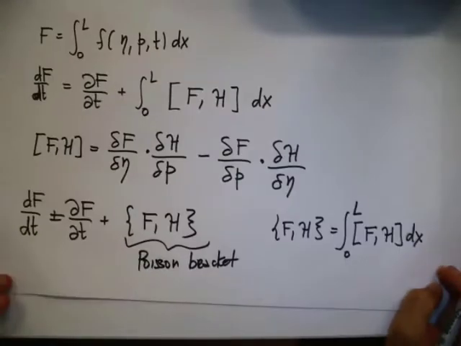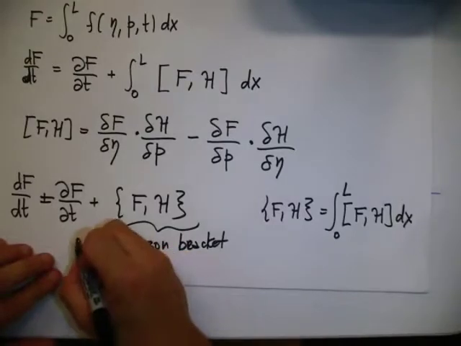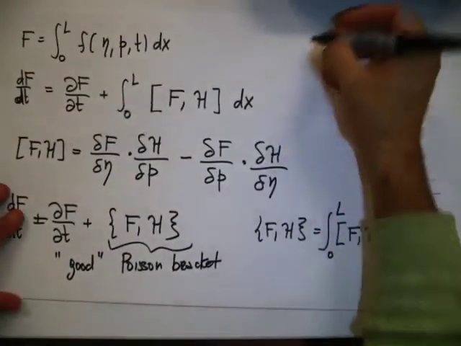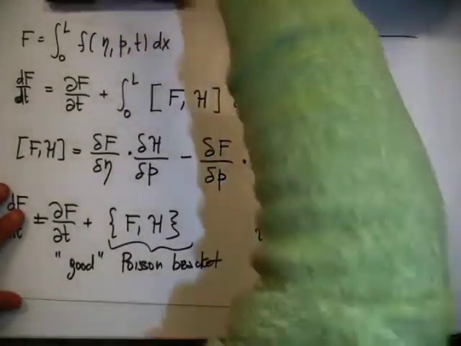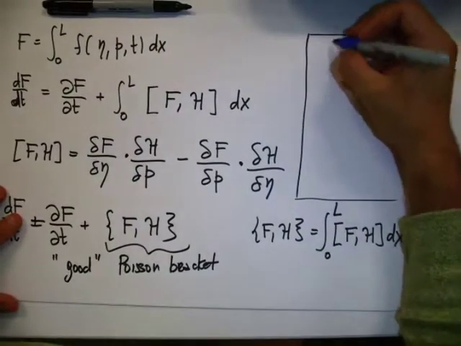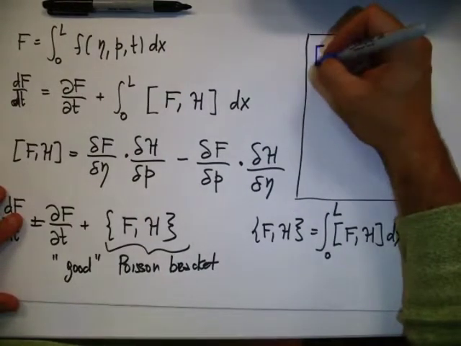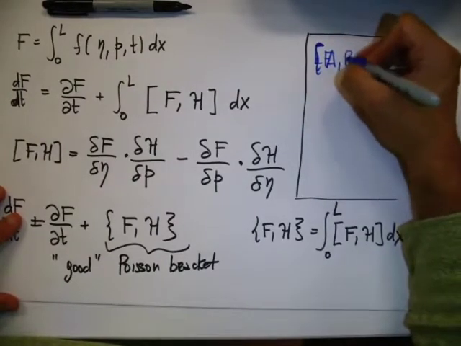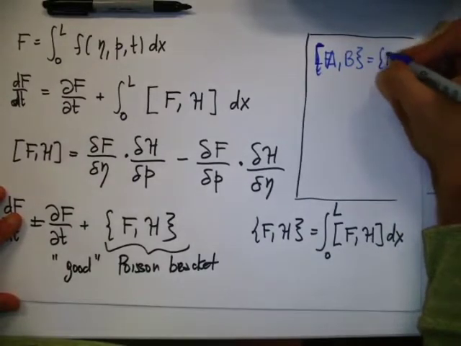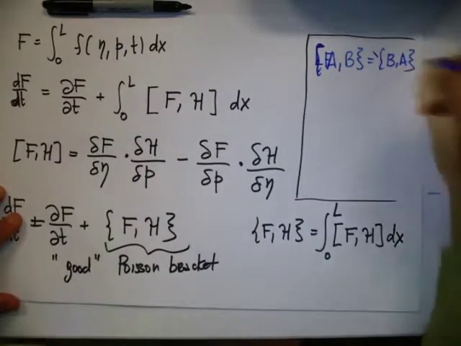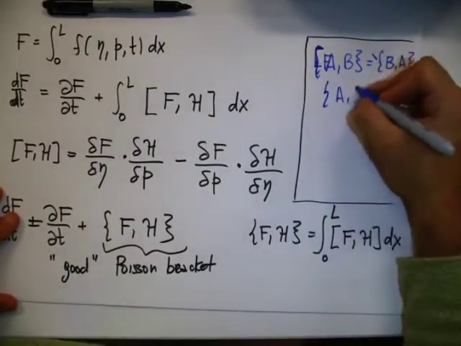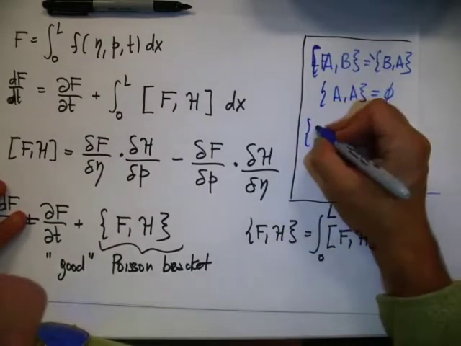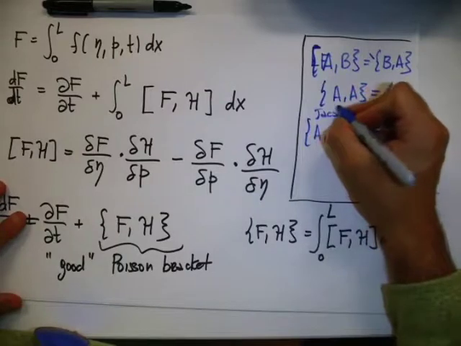Okay, so this is a good Poisson bracket because it satisfies the properties that A comma B equals minus B comma A, and this implies that A comma A is equal to 0, and then we have the famous Jacobi identity, which is also satisfied.